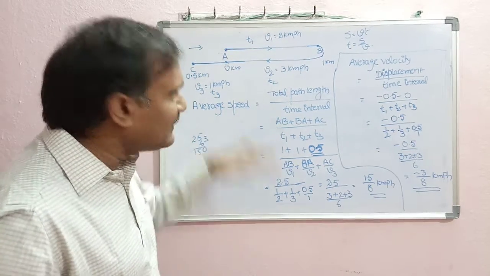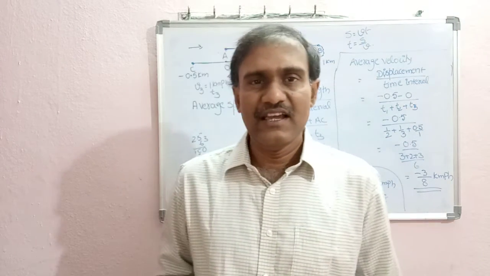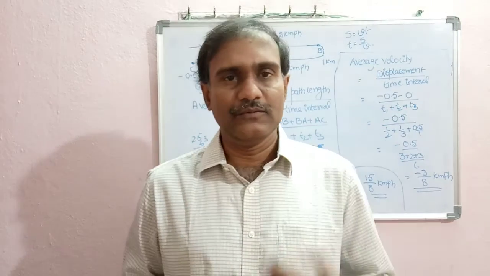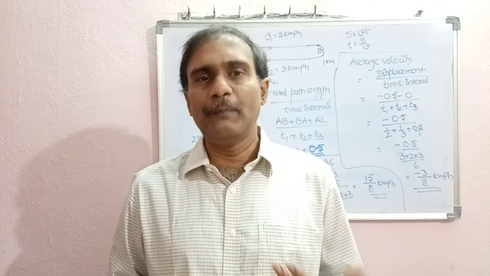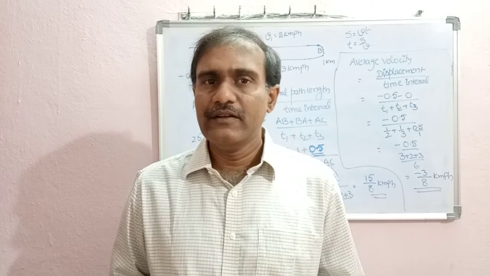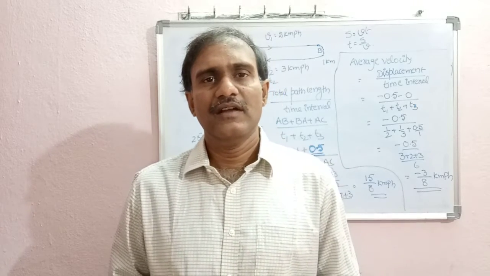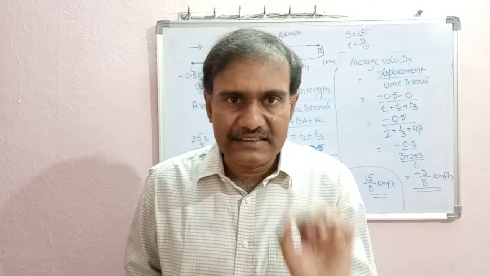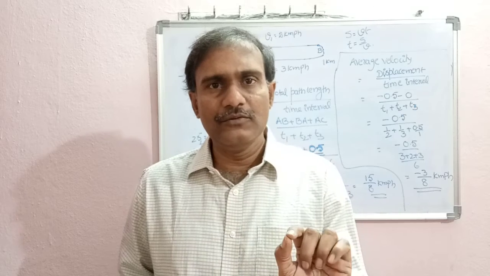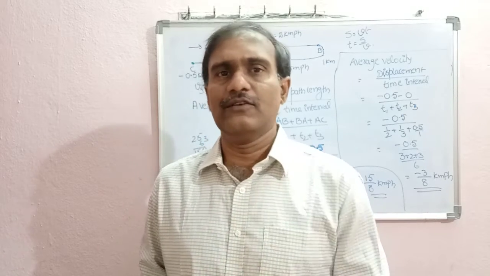By using all these examples, we can say that average speed is always positive. Average speed does not equal 0. Average speed may not be negative. But average velocity may be positive, may be negative, may be equal to 0.